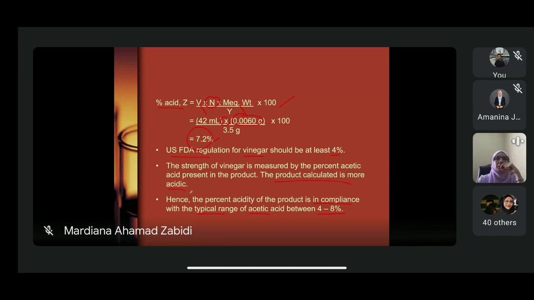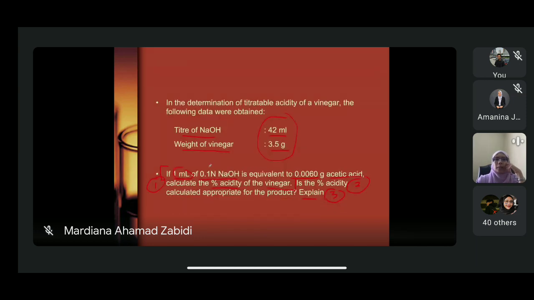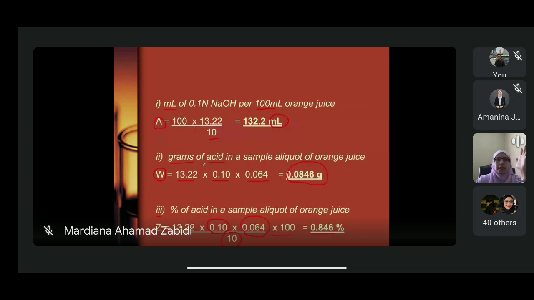And you kena careful with the value of this particular Milli equivalent factor. So macam mana nak tahu sama ada this particular Milli equivalent factor has been given ataupun tak? The key point dekat sini tengok dia ada mention tak 0.1 normal NaOH. Okay, you kena compare dengan soalan yang tadi ni.